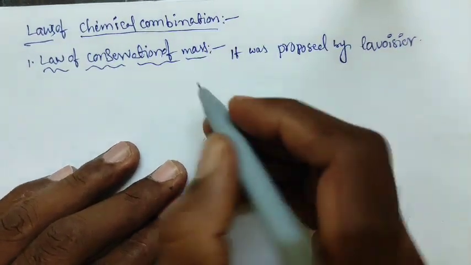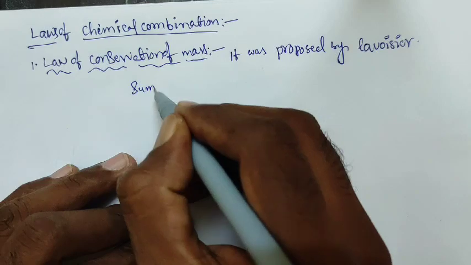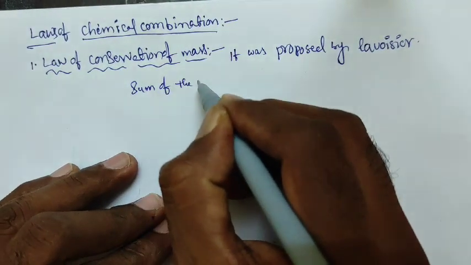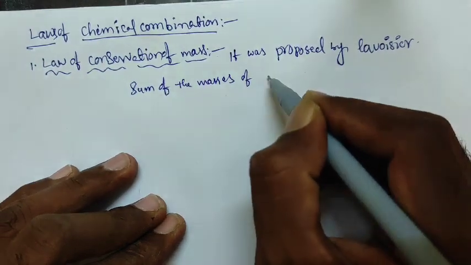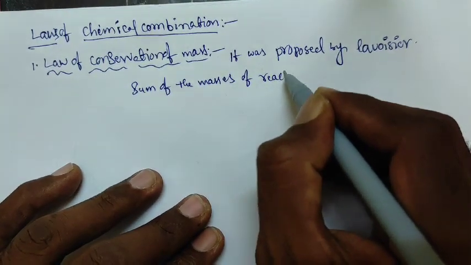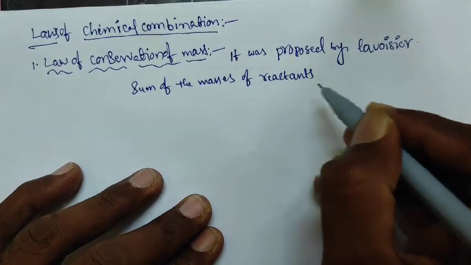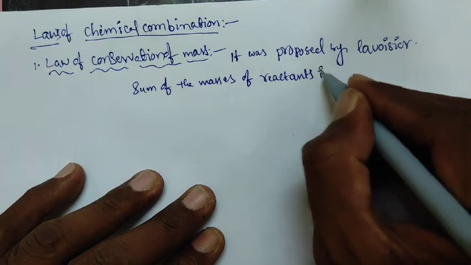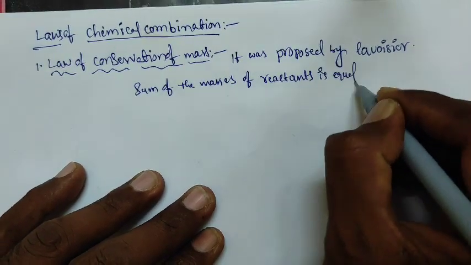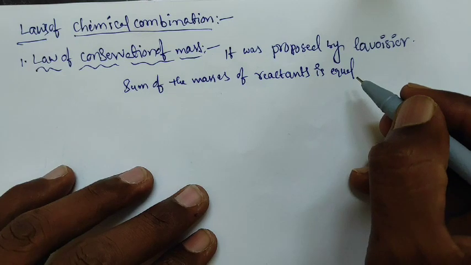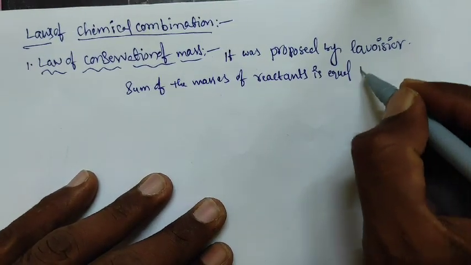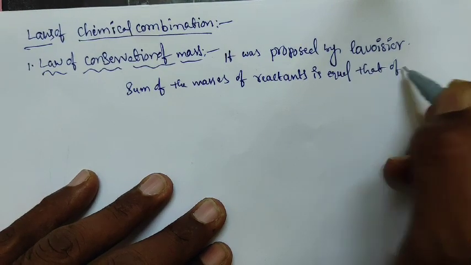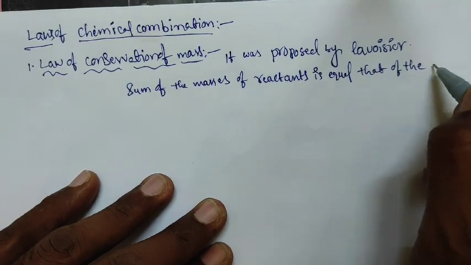The sum of the masses of reactants is equal to that of the products.